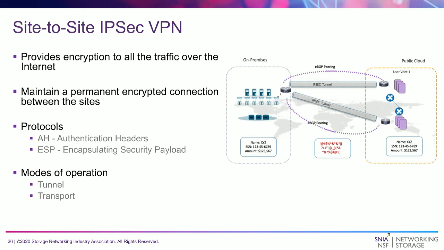The same concept applies that Ariel talked about. Obviously the protocols are going to be AH or ESP, but for this type of use case we mainly use an IPsec tunnel in tunnel mode, where the entire original packet gets protected by IPsec.